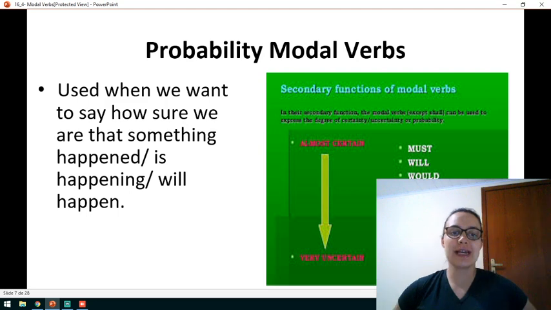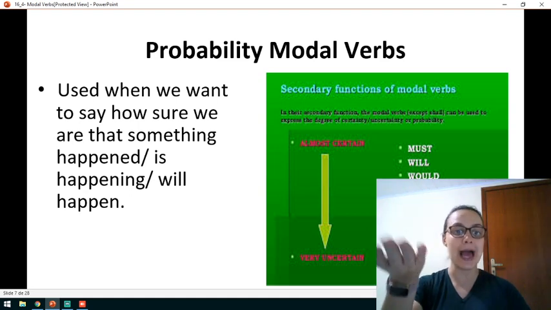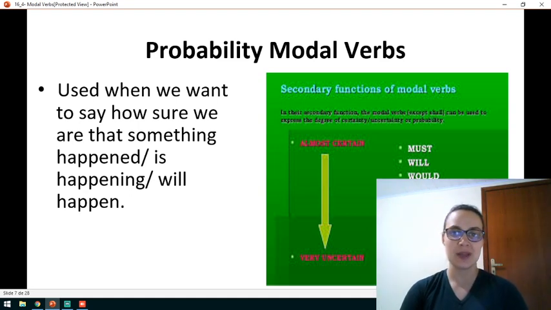So let's take a look at our first example. Using modals to talk about something in the past, happening now in the present, or that will happen in the future.